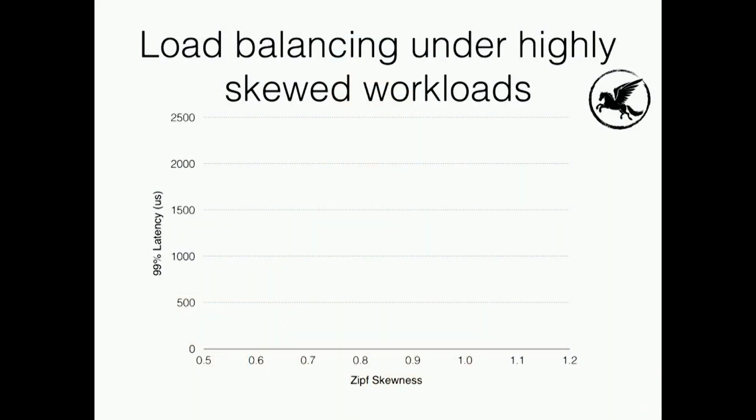Okay, so now let me quickly show you some of the actual load balancing benefit of using Pegasus. Here we measure the 99th percentile tail latency of the system, and we increase the workload skewness. This is for read-only workload.